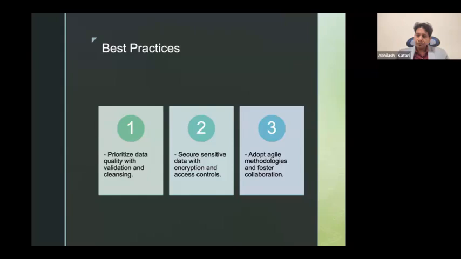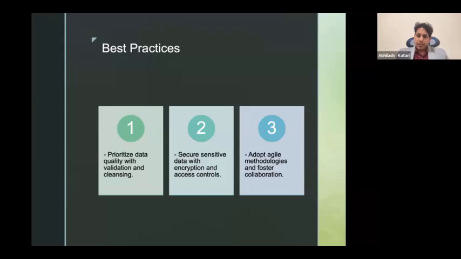So there are a lot of PII implementation processes that we followed. That includes encryption of the sensitive data of the customer. And then we also applied access controls on it. So who can access the data, and what are their authorizations to access the data. All these controls are implemented on the sensitive information.